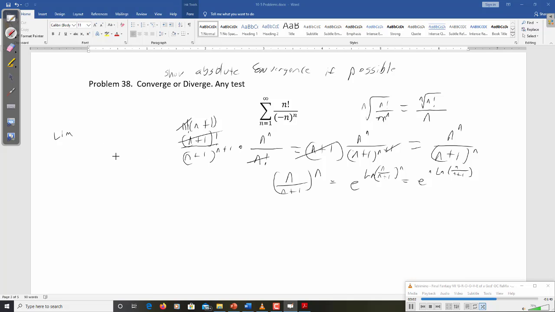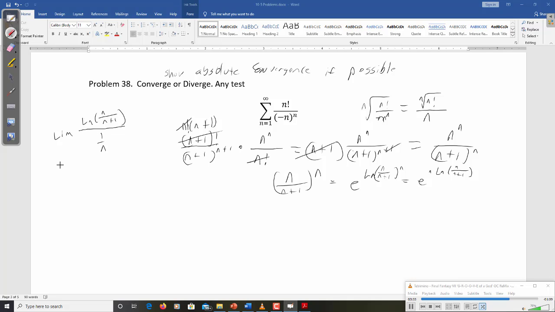So if you look at ln of n over n plus 1, over 1 over n, that's going to 0 and that's going to 0 because ln of 1.